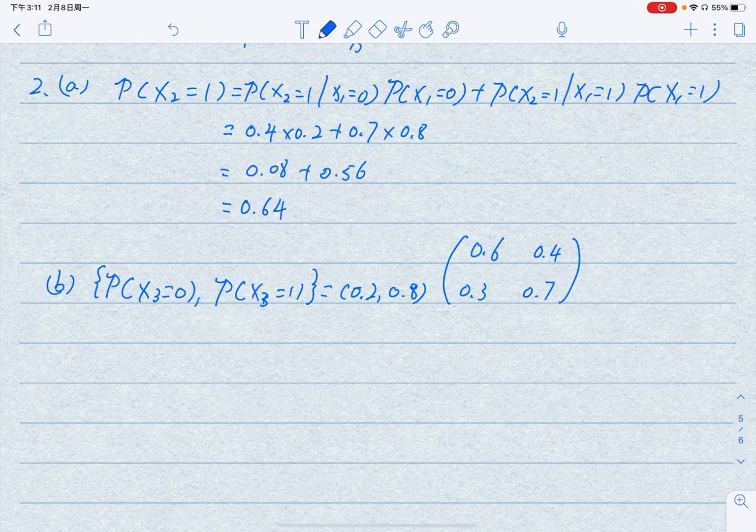And since we're doing it for X3, we have to do the square, because if we only multiply this matrix once, that's the outcome for X2. So this is X3, we have to do it twice. We can rewrite the equation as times the matrix one time, and then times the matrix again.